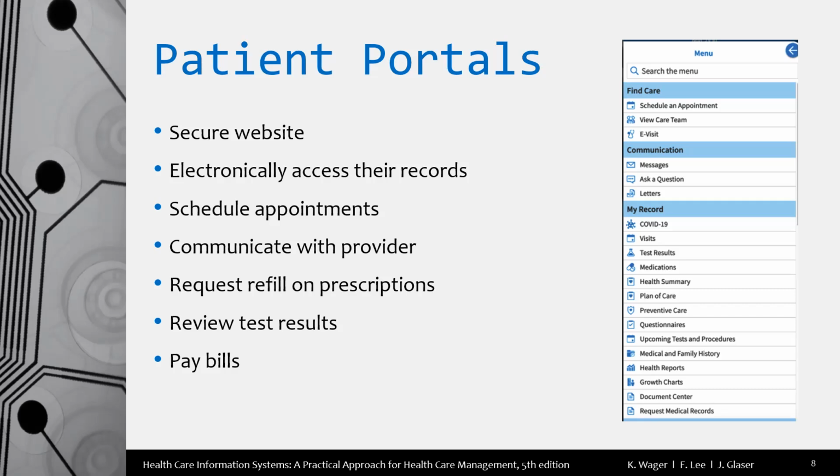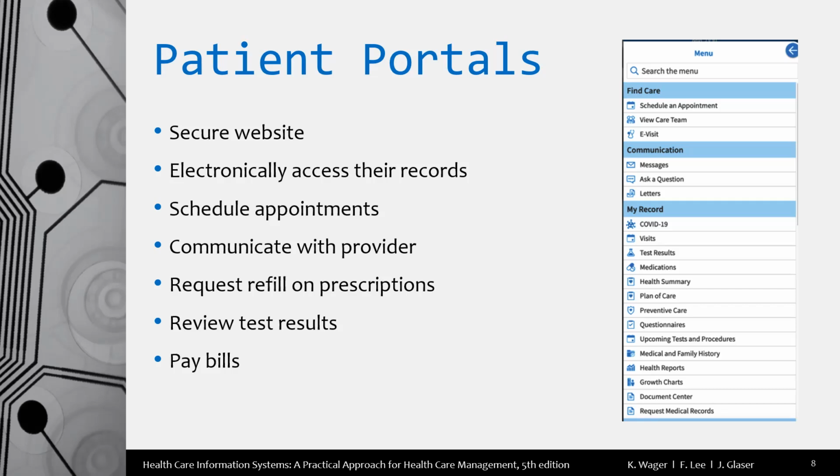Sometimes you need letters. Your employer might need a letter from your healthcare provider just to validate that you've got a health condition that requires some kind of accommodation. You can request the letters and find the letters under this communication section in the sample menu.